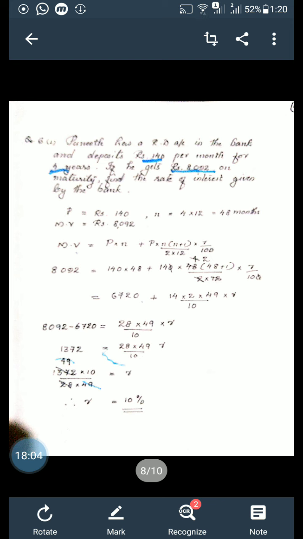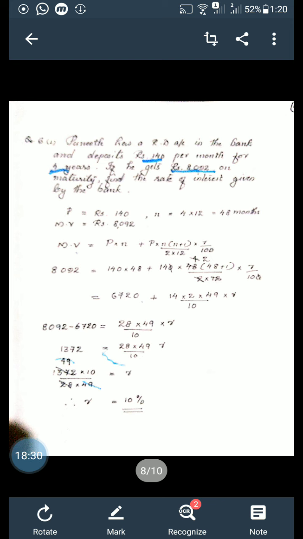It's very easy to solve, simplify. Then when you simplify this, do it in your notebook and get the answer. Therefore, you will get R is equal to 10%.